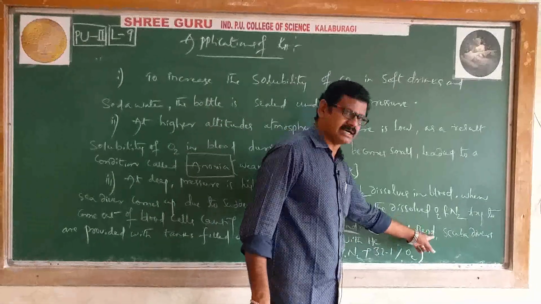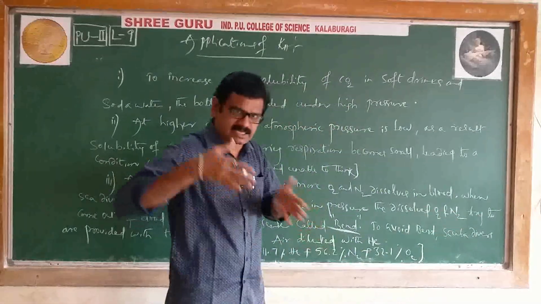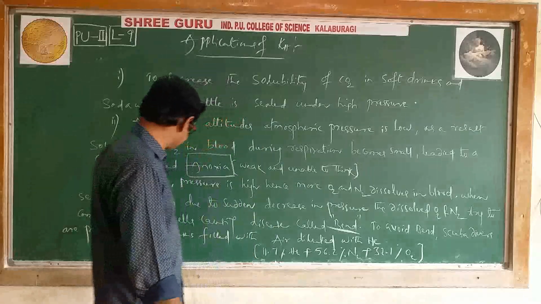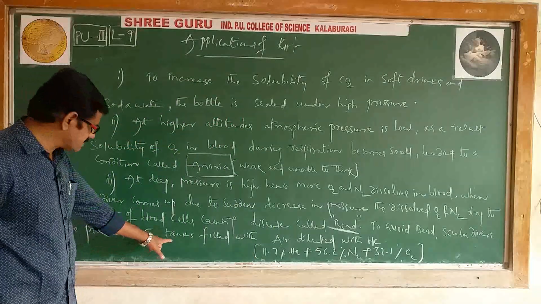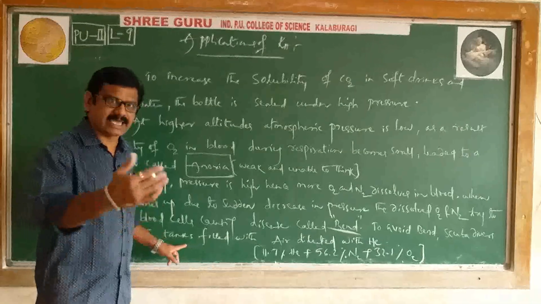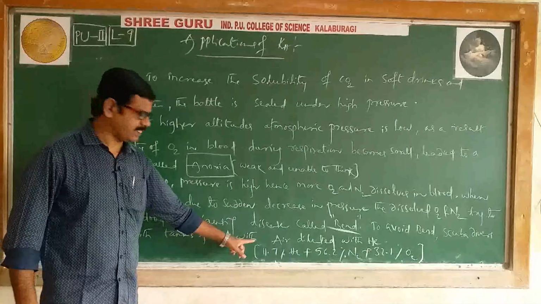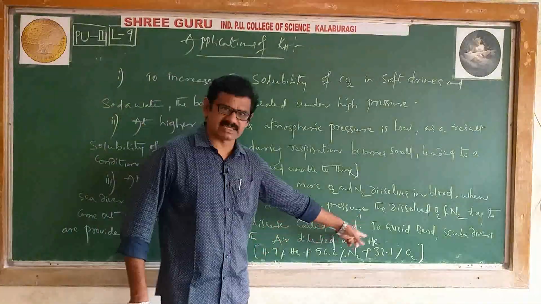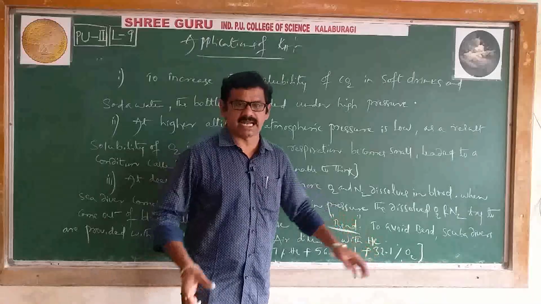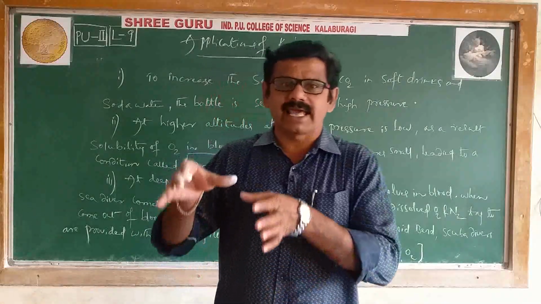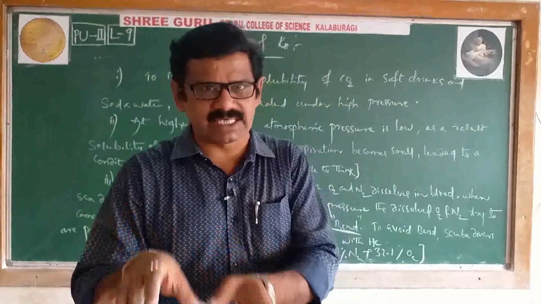To avoid this bend, scuba divers, nothing but deep sea divers, are provided with air tanks filled with air diluted with helium. Not only nitrogen and oxygen, that air is diluted with helium.